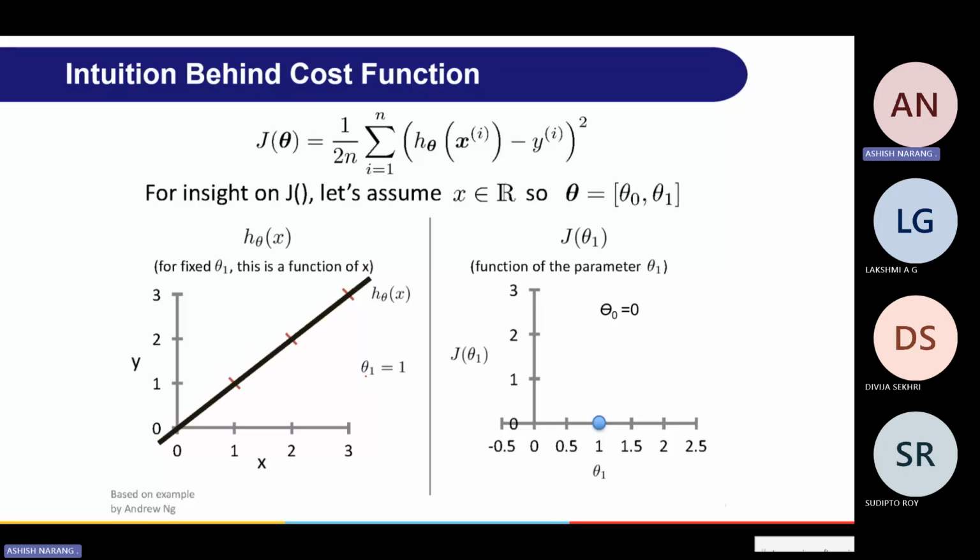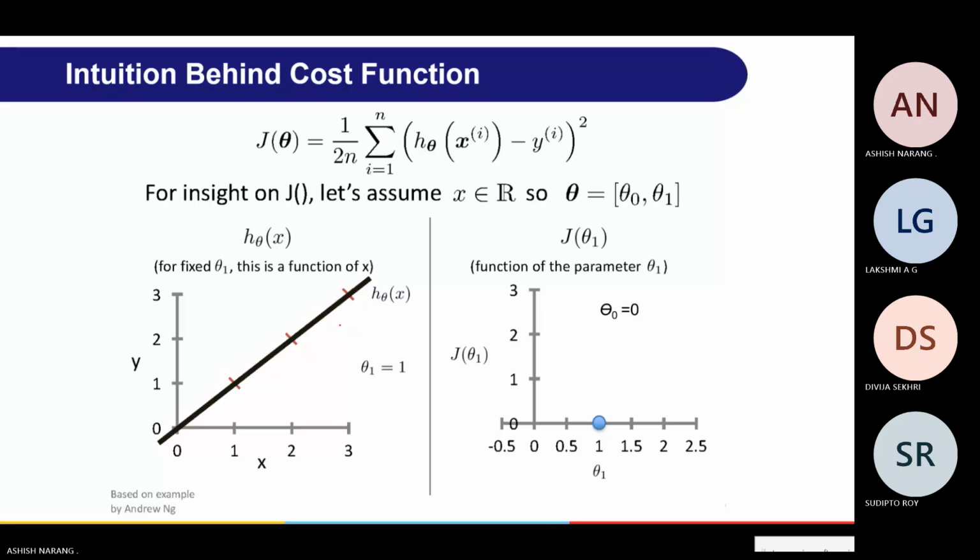Theta 1 is always 1, right? So the line becomes a function of X because theta 1 is not changing. Theta 1 is 1. So whatever is the input size, simply we are adding that. Now only the intercept will decide where my value should go.